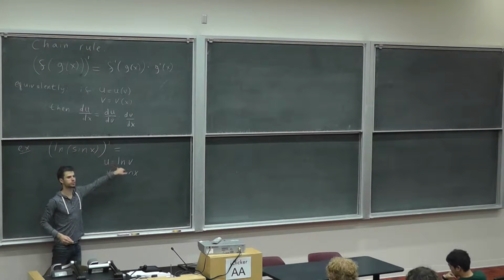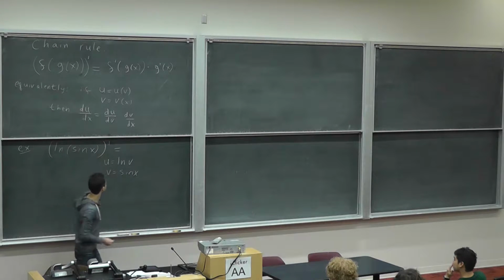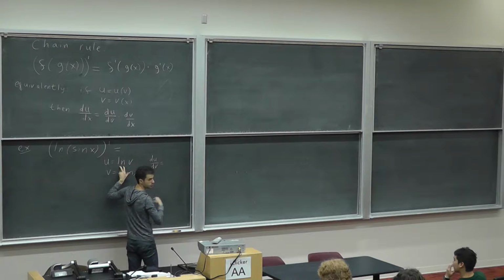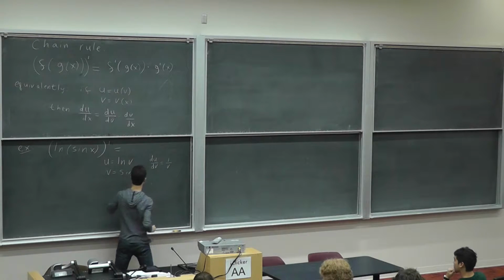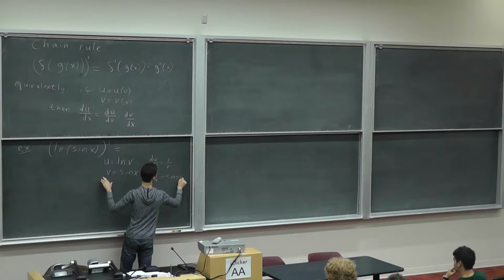So I choose u to be logarithm of v and v to be sine of x. And then I just use the chain rule. du by dv, the derivative of logarithm, was 1 over v. The derivative of sine is the cosine.